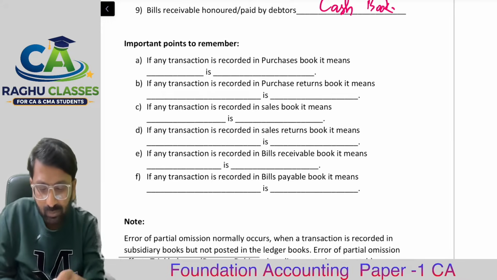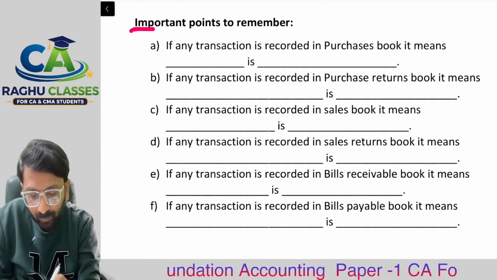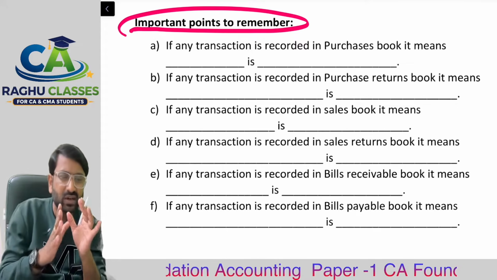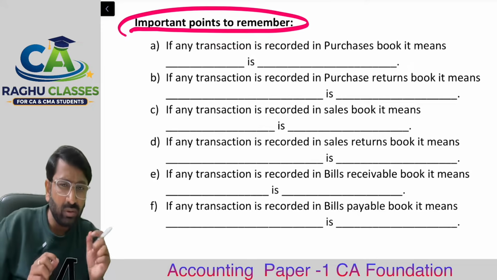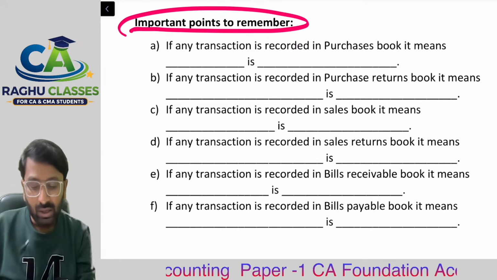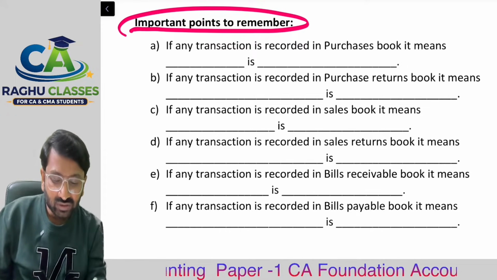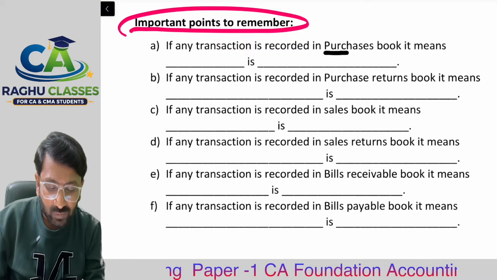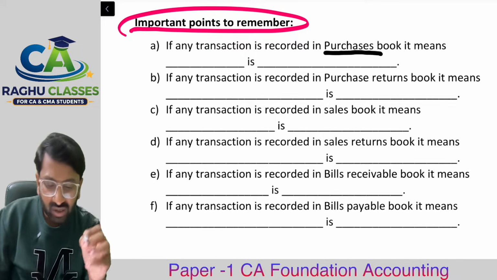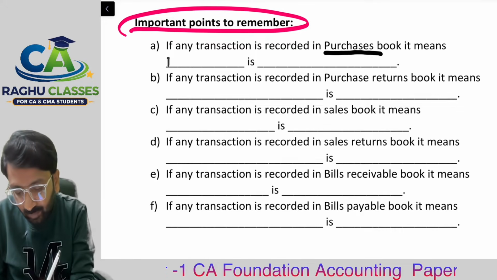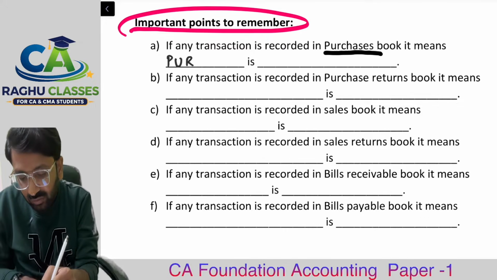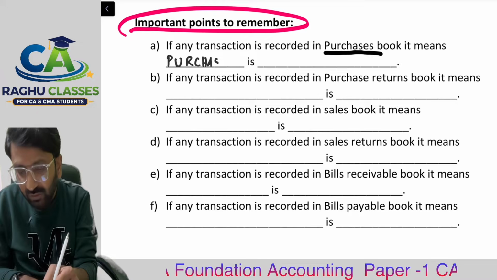Now the most important discussion here, very important, understand all this so that error of partial omission becomes easy to rectify. If any transaction is recorded in the purchase book, which account is involved now? Purchase account is involved.